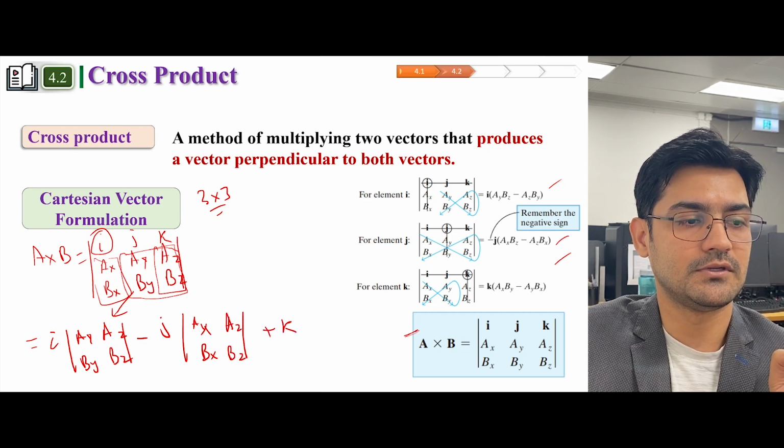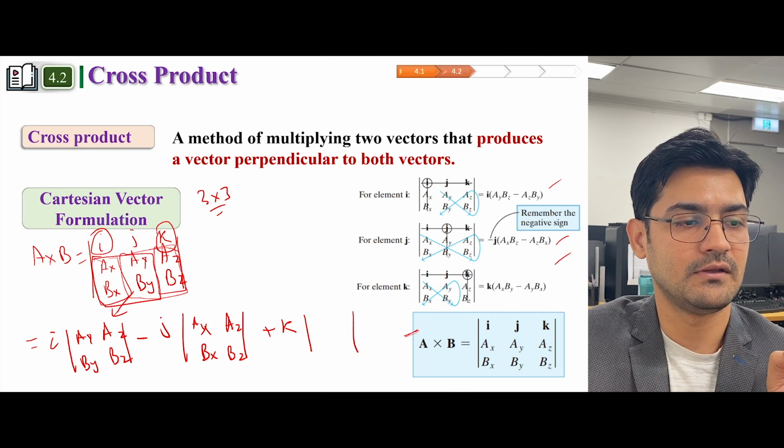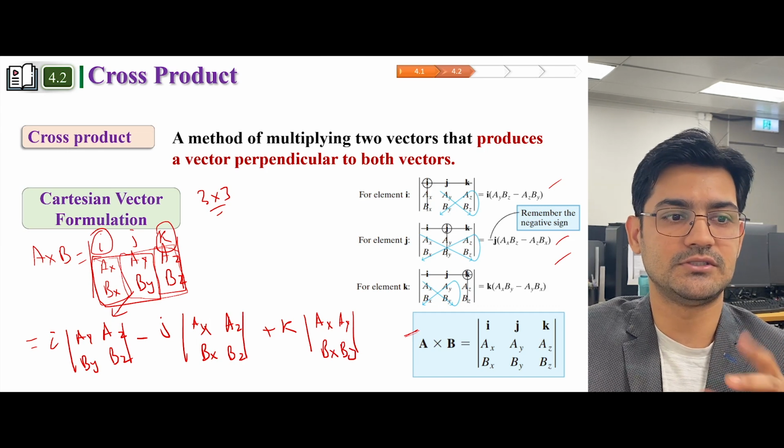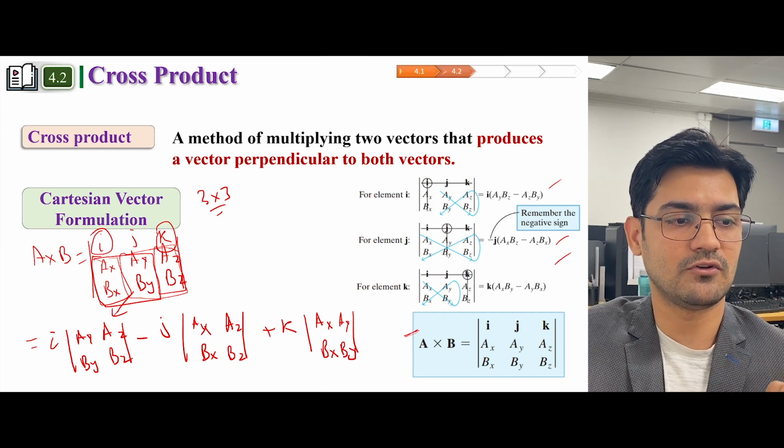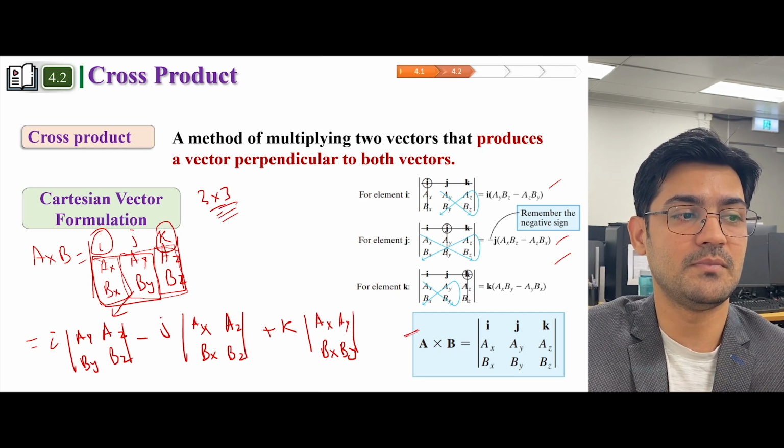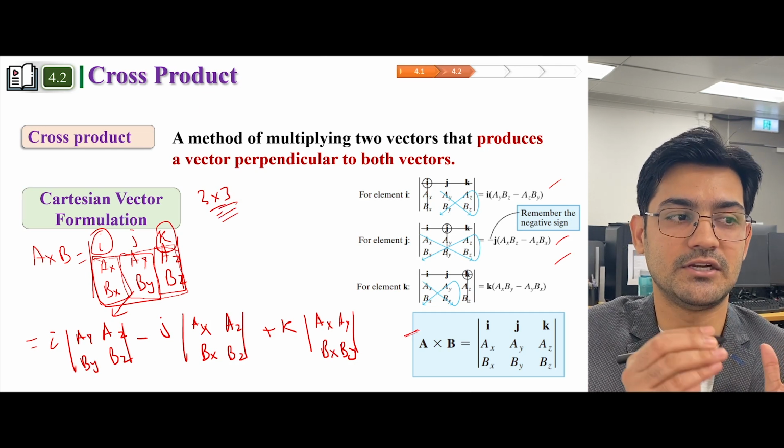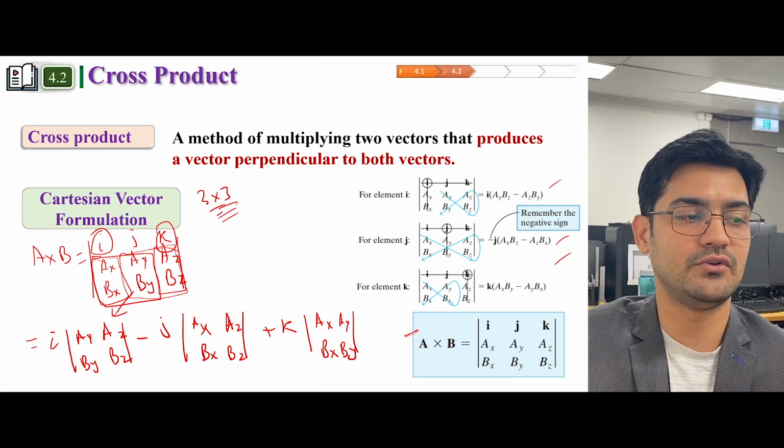Then you put the third, k, and then you put this 2 by 2 matrix here, AX, AY, BX, BY. I'm not going into the details because this would be out of the scope of this lecture. But if you know a 3 by 3 matrix and you want to find the determinant of this matrix, that's how you do it.